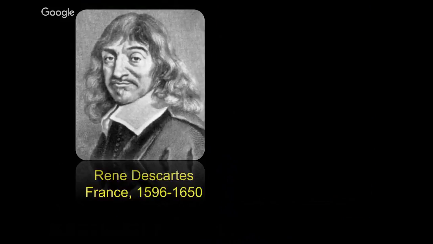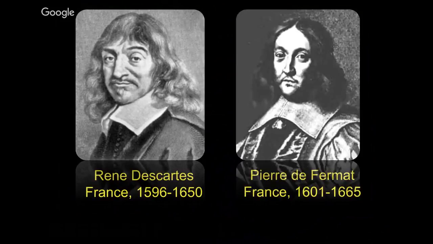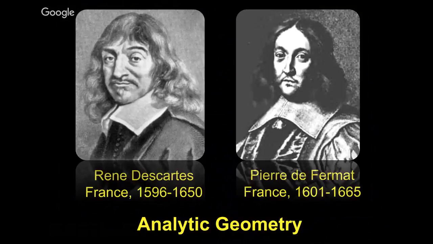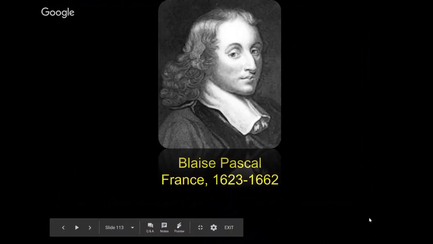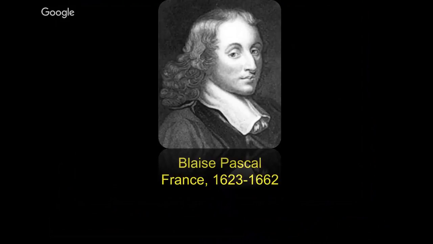I don't think so. René Descartes, France, and Pierre de Fermat, France. They came up with analytic geometry, which comes with calculus. This guy asked his dad if he could study geometry next year, and the father said, no, this year you will study Latin.